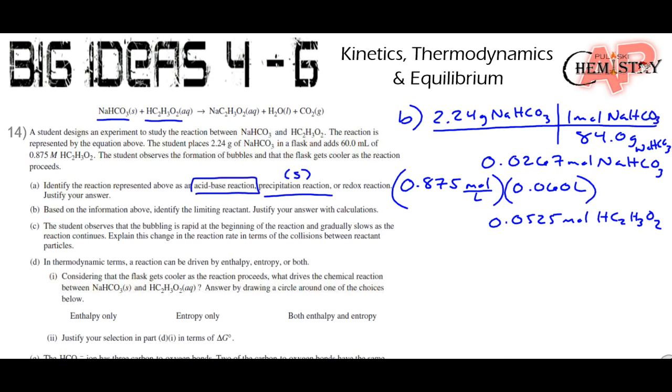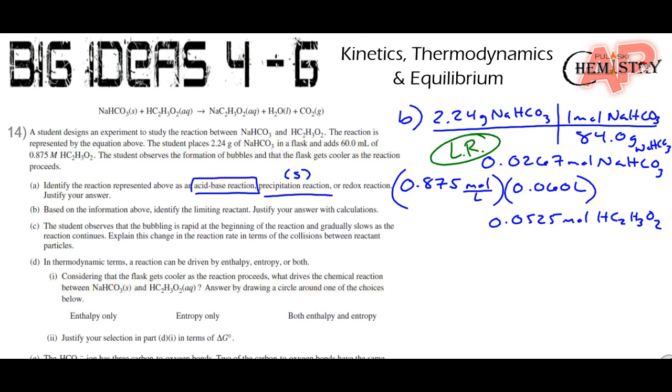Okay, but this is going to be easy for us because it's both a 1-to-1 ratio. All I need to see is which one's going to run out first, and we can see that the NaHCO3 is going to be my limiting reactant. If it were not a 1-to-1 ratio, we'd have to take one of those answers and then compare using the mole ratio.